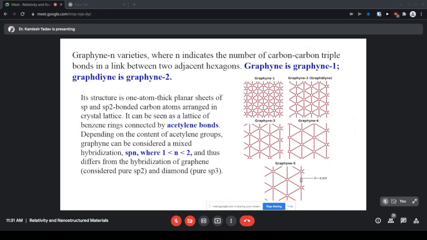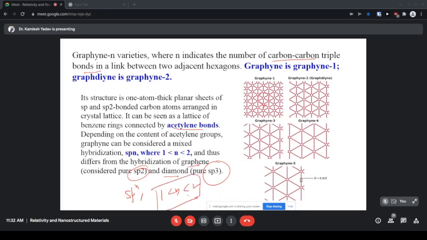Suppose what we know is that in graphene there is sp2 hybridization, and in diamond there is sp3 hybridization. But we can arrange these hexagonal layers, carbon-carbon, with triple bonds, in such a way that there are various acetylene bonds or double bonds, so that if you consider spn, then n is greater than 1 and less than 2.